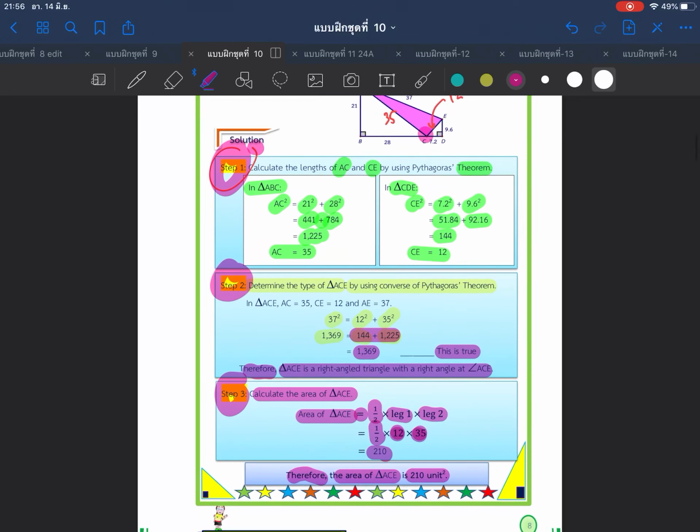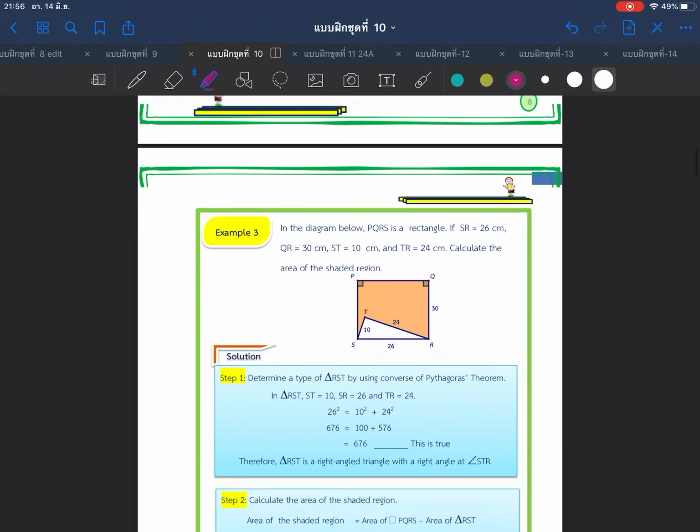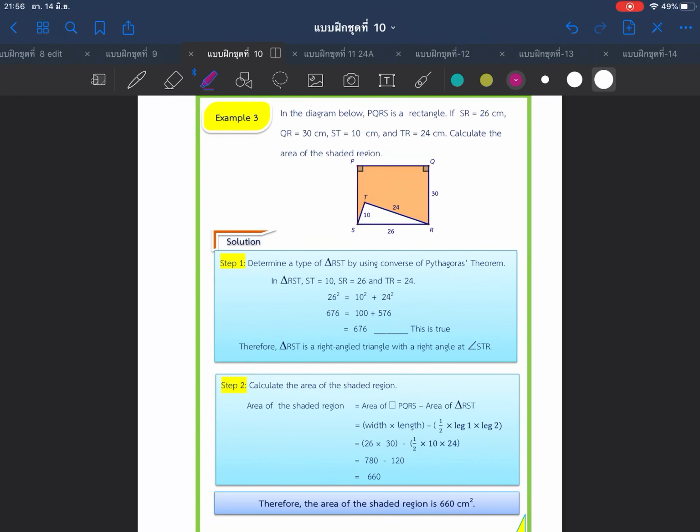Okay, then next we go to example number 3. What is the question? In the diagram below, PQRS is a rectangle.